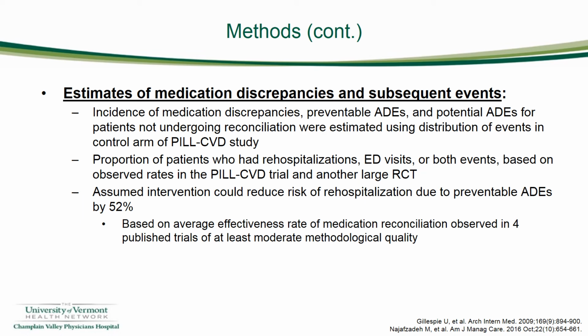This was based on compiling results from 4 published trials of at least moderate methodological quality that looked at the effectiveness of medication reconciliation, and they averaged the effectiveness across these 4 studies to determine that medication reconciliation at discharge was roughly 52% effective at reducing the risk of rehospitalization due to preventable ADEs.